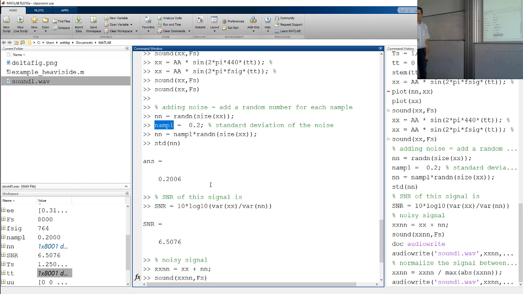You can measure this signal variance, and from this formula you can calculate the noise variance, and then use the standard deviation, which is just this part, as a noise amplitude. Use that one to multiply the random numbers. Then you got it all correct.